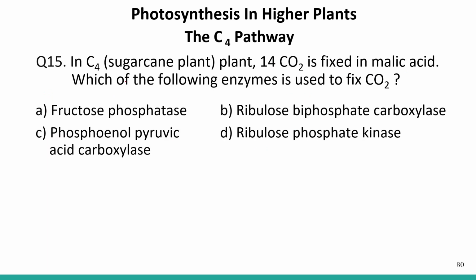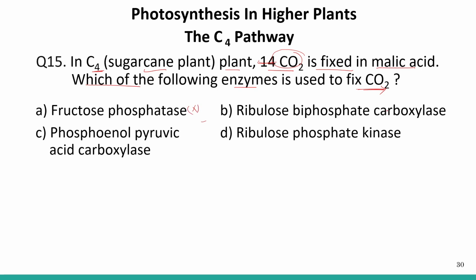Okay. The next question is, in C4 plants like sugarcane plant, 14 carbon dioxide is fixed into malic acid. Which of the following enzyme is used to fix carbon dioxide? Okay, so here 14 carbon dioxide, they are just confusing you. We have to just answer which of the enzymes from the below is used to fix carbon dioxide in C4 plants. First is fructose phosphate, not correct.